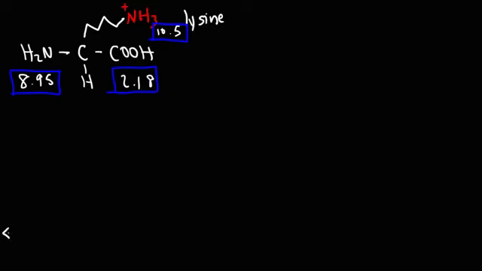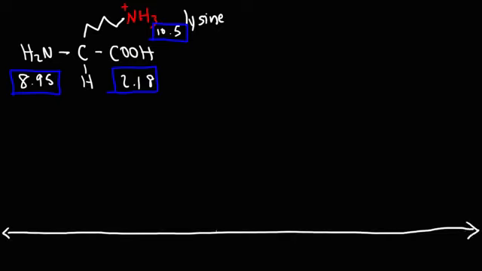So let's create a number line. And let's put the pKa values. So here this is going to be 2.18. The second pKa value is 8.95. And the third one, 10.5. Now let's draw each of the 4 forms of lysine.